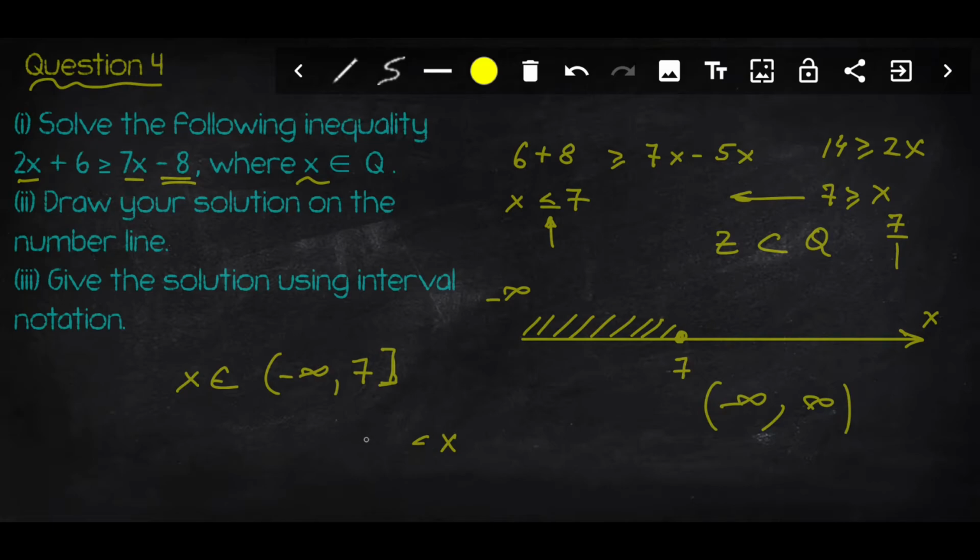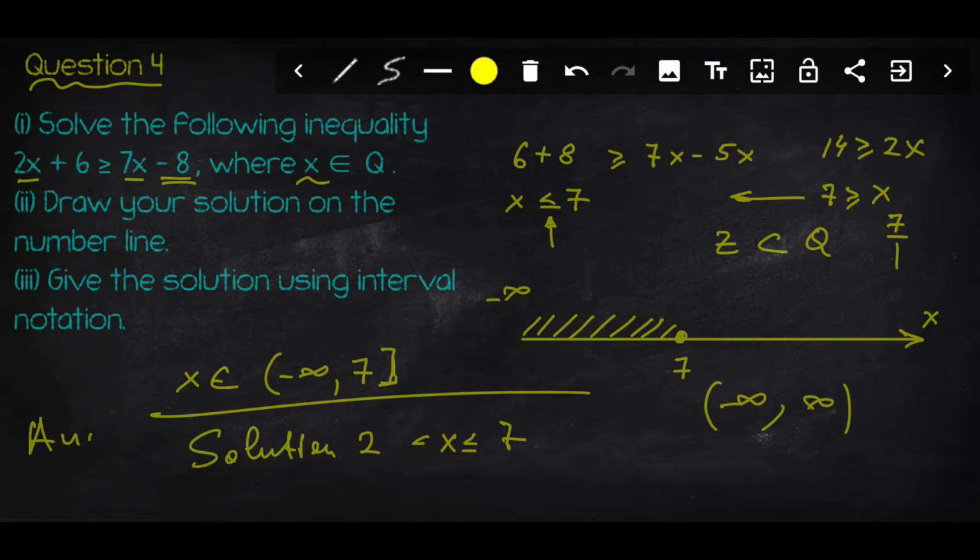I will show you how to use this interval notation. We've got a solution and we want to give an interval notation, okay? So we need to put 2, we need to put 7, and we need to combine them using appropriate brackets, okay?